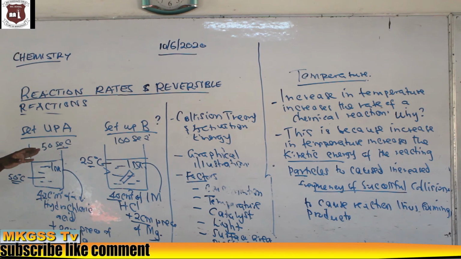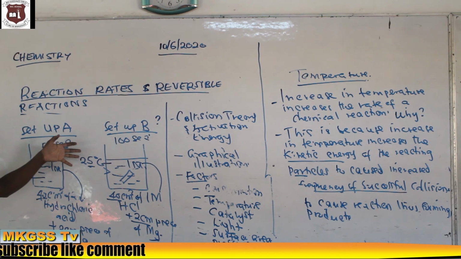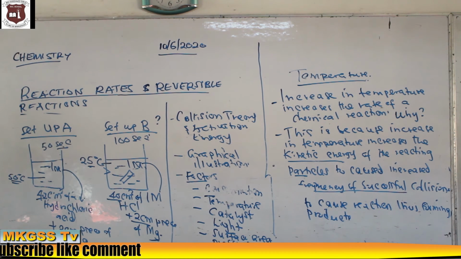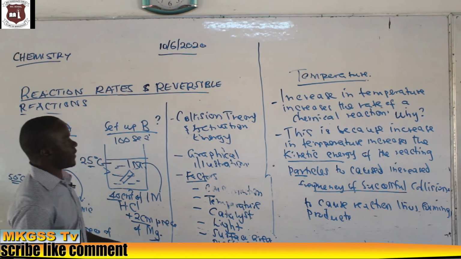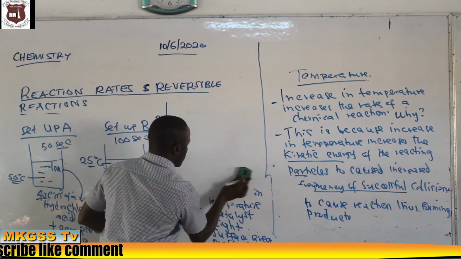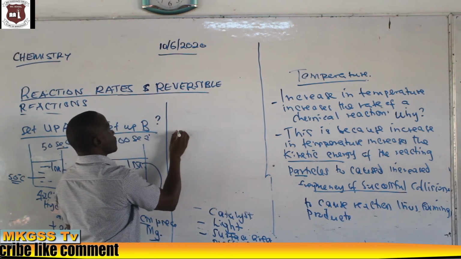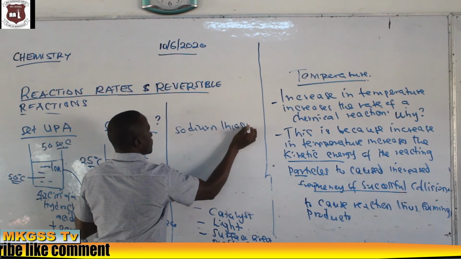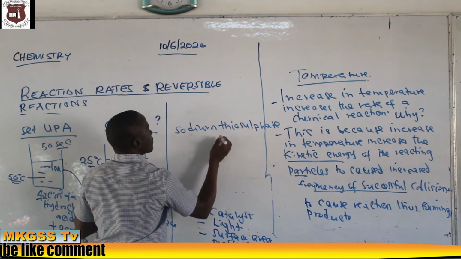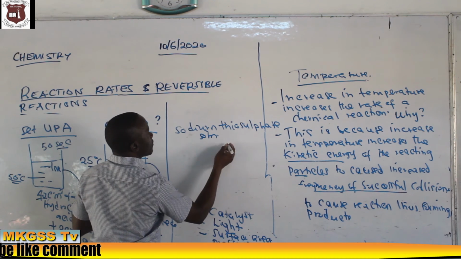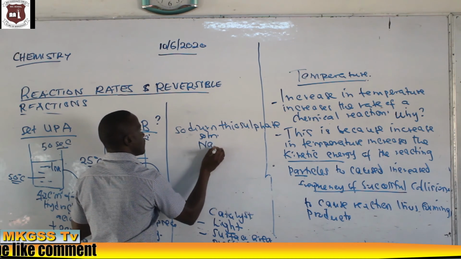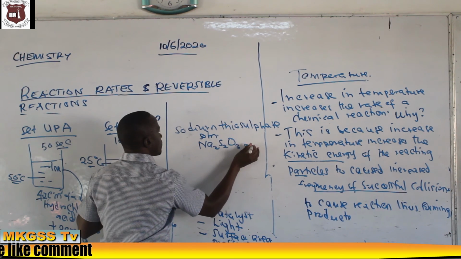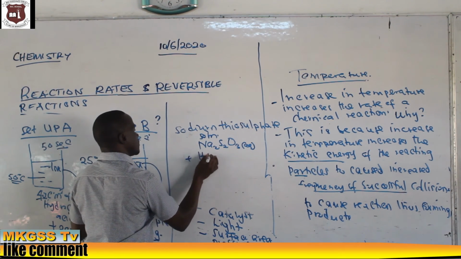Now in practical setting, another example that can be used to illustrate temperature, other than the reaction between magnesium ribbon and hydrochloric acid, we can talk about the reaction between sodium thiosulfate solution, which has a formula of this one, reacting with hydrochloric acid.